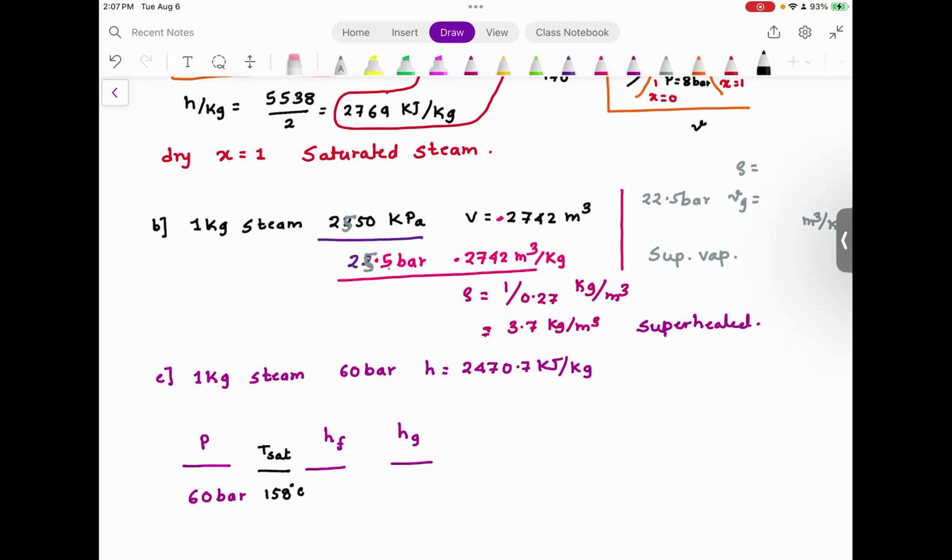What is the value of Hf? 678. Hg? 670. And Hg, 3000.